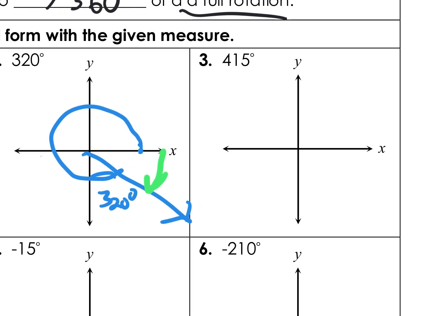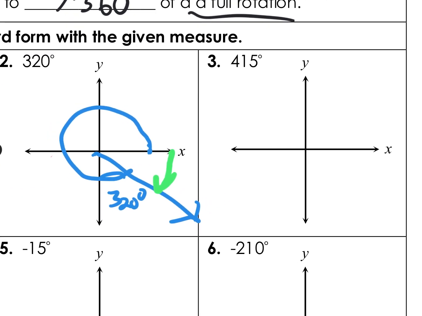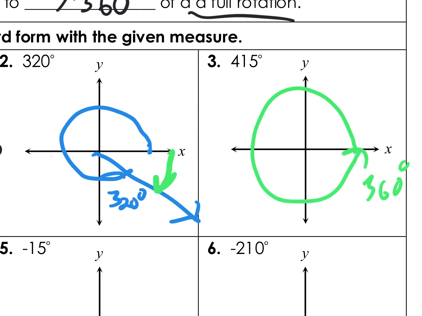Okay, 415. What's wrong with 415? It's bigger than 360. That means if I go all the way around once, I've already done 360 degrees, haven't I? But I need 415. So how many more degrees do I need? It's okay to do your scratch work: 415, take away 360. How many is that? 55 degrees more.